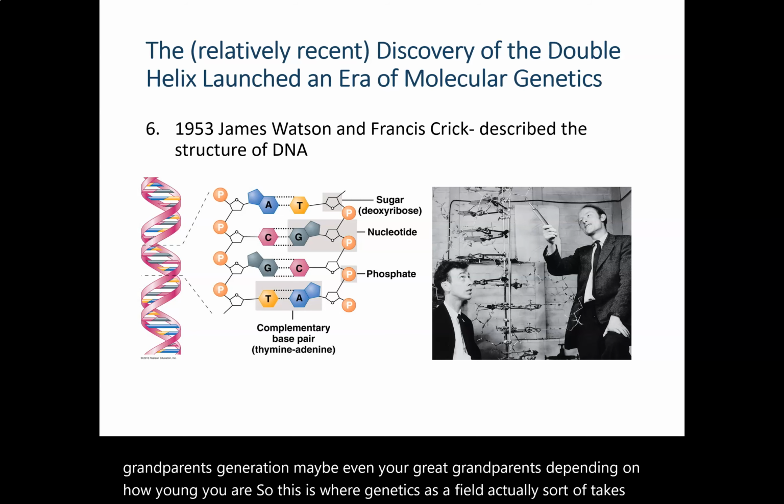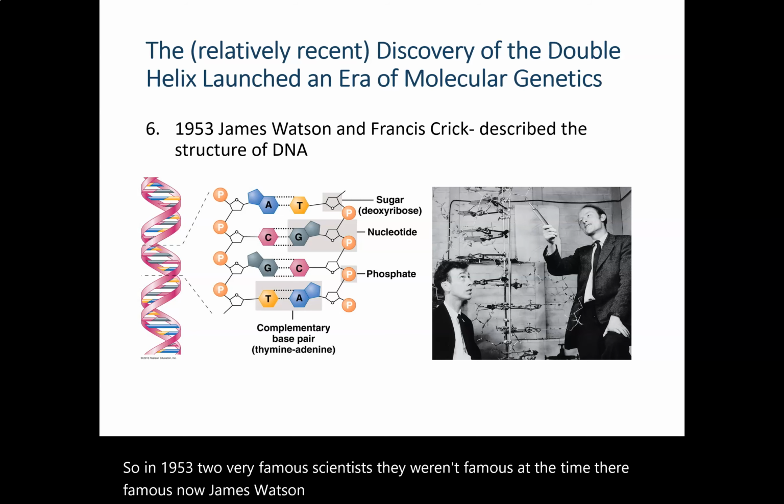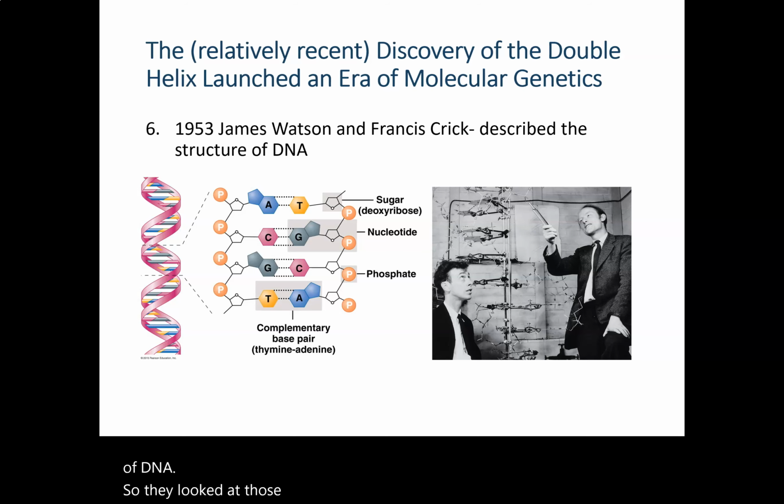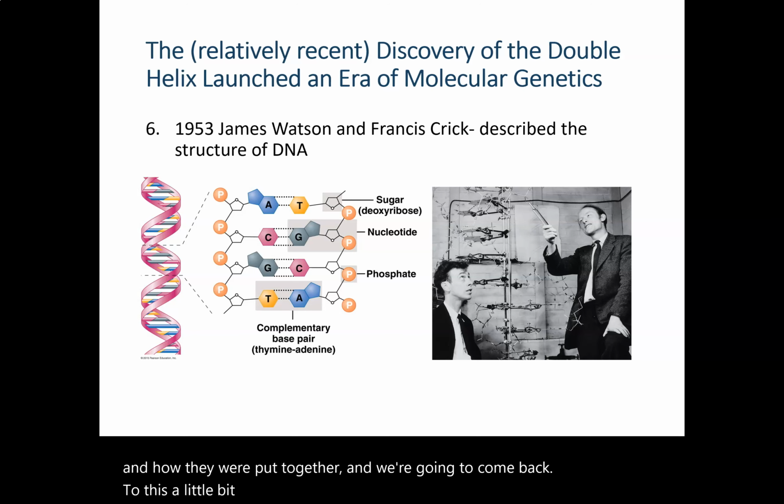So in 1953, two very famous scientists, they weren't famous at the time, they're famous now, James Watson and Francis Crick, actually described the molecular structure of DNA. So they looked at those chromosomes and figured out what they were built of and how they were put together. And we're going to come back to this a little bit more in chapter 2.